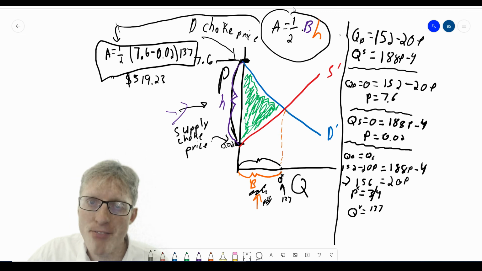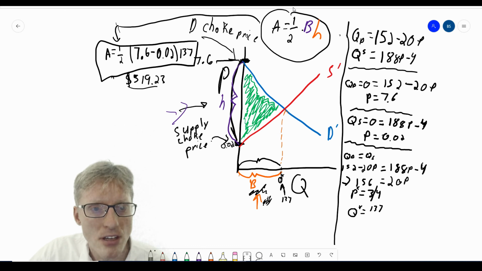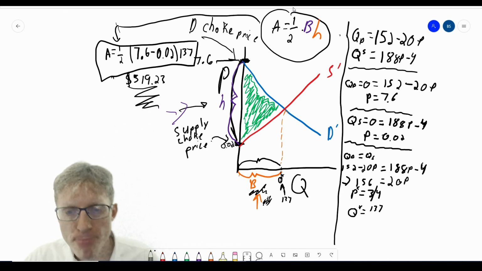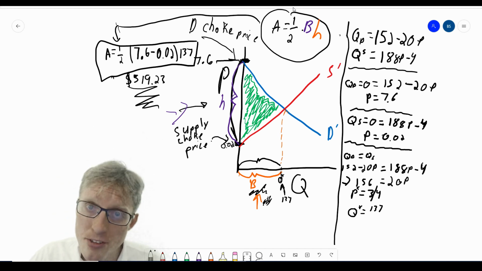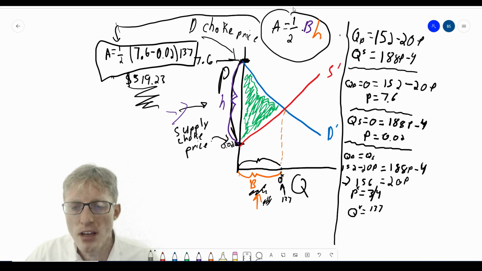We could then find the values of all three of those things and plug them back into the area formula for a triangle. And that gives us the total surplus in this market. Using similar strategies, although not exactly identical, you should be able to find the consumer surplus and the producer surplus as separate things, not added together.